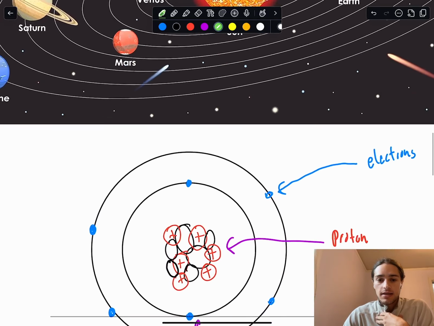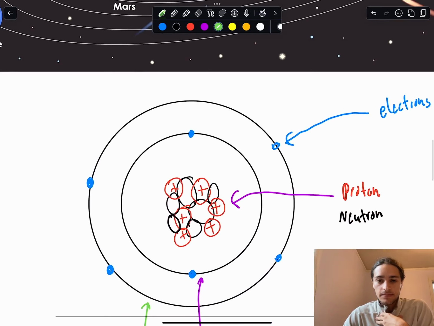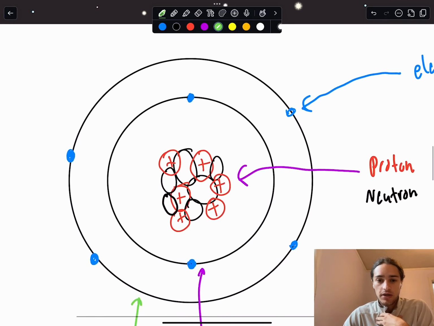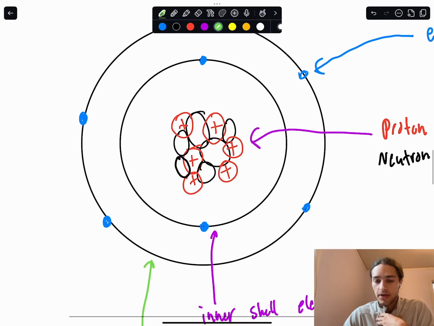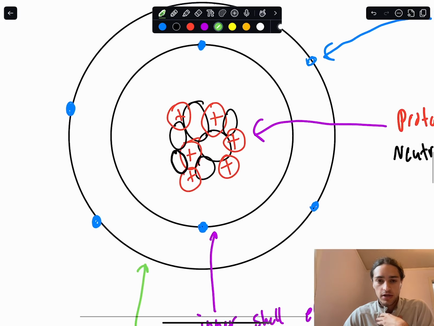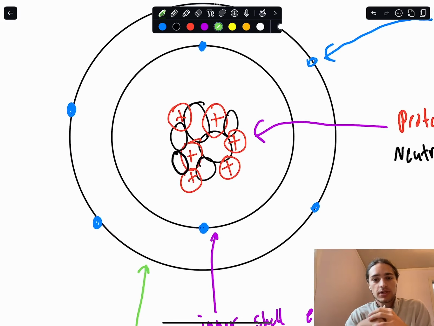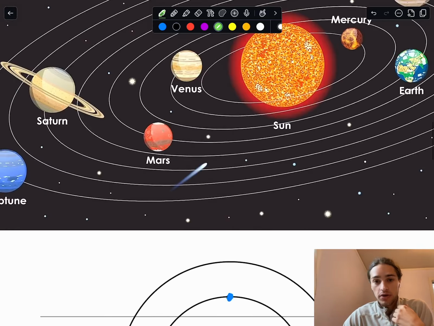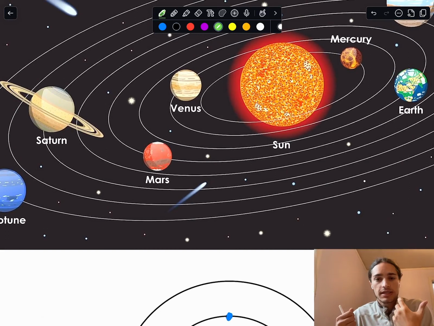And the thing is, imagine you are the electron in the inner orbital, right? If you're the inner shell electron, it means you're really close to those protons, which means that the attractive force is really strong. Just like if you were Mercury in the solar system, you'd be really close to the sun, so you'd really feel the gravitational pull of the sun.